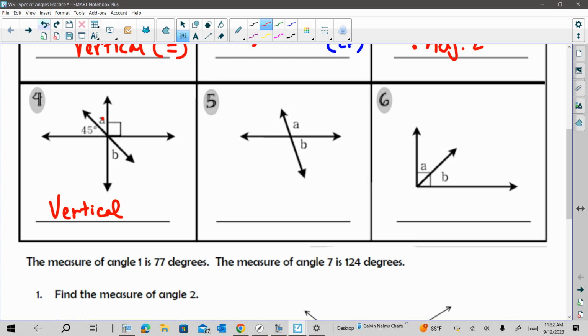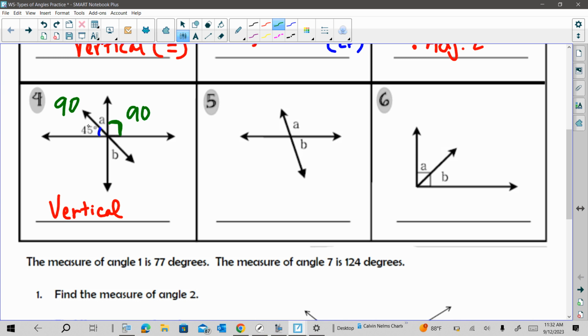Now, what we're getting into is going to ask you to find the angle measure. There's a key marking given here that helps me find the angle measure: the 45 and the 90 degrees right here. If this side is 90, it's also 90 on the other side, right?